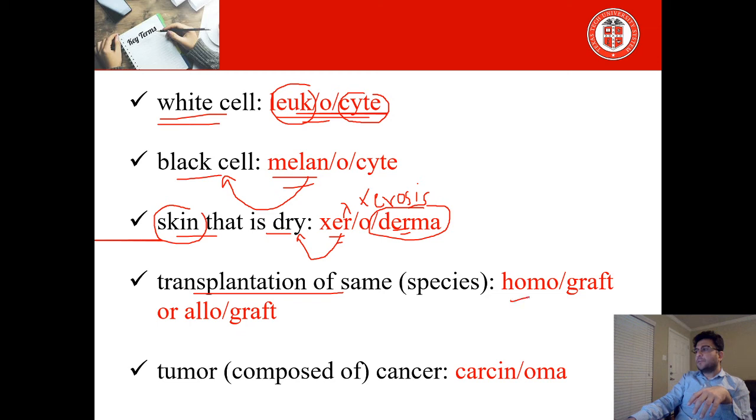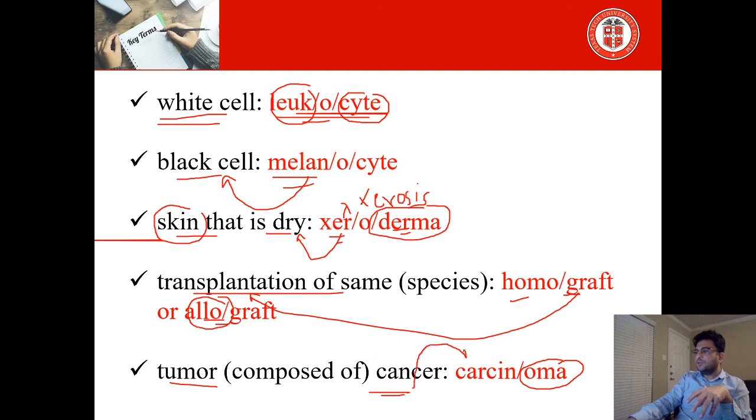Transplant, I think we have talked about this, homo, which means same, and grafting is transplant. And if it's different, that's heterograft. And homo is also known as allograft. So these are a couple of synonyms. Tumor, if you remember, we have talked about oma being tumor, and if it's a tumor which is carcinogenic or a metastatic tumor, that is carcinoma.